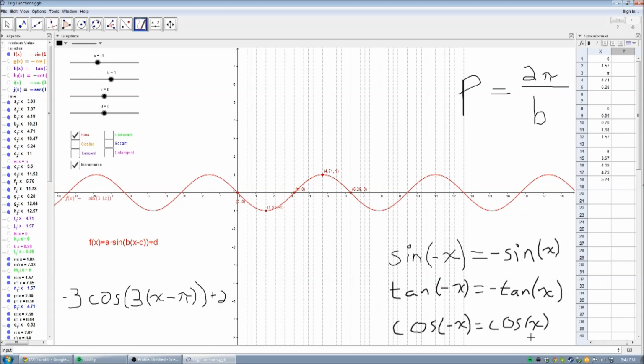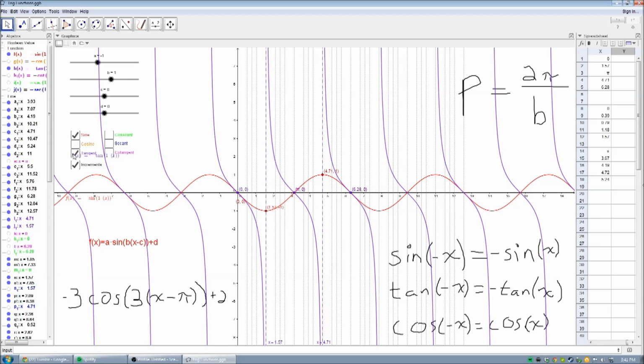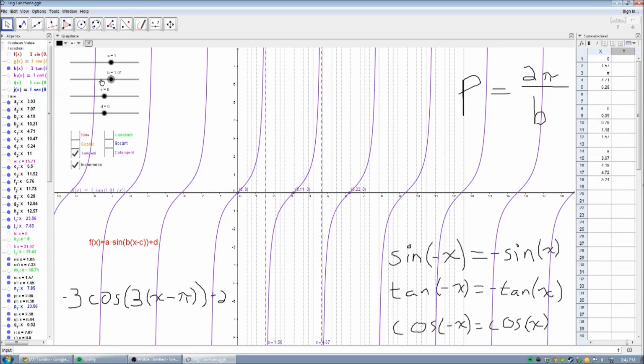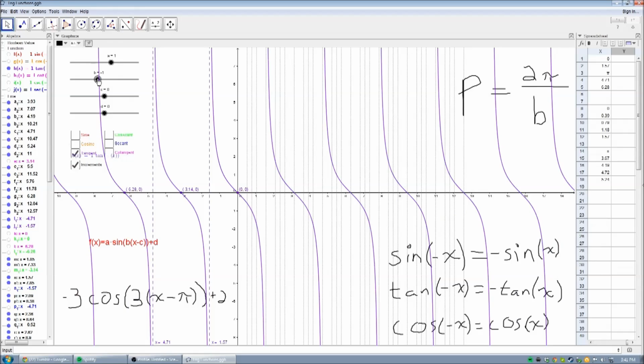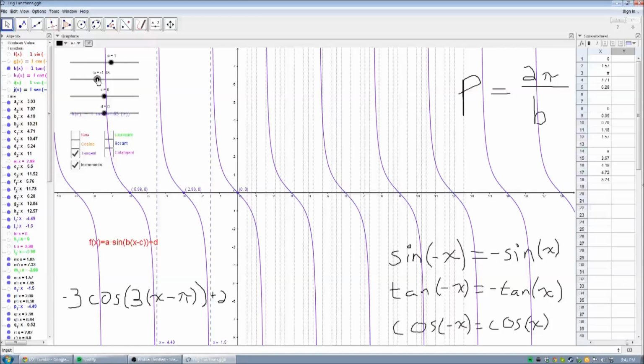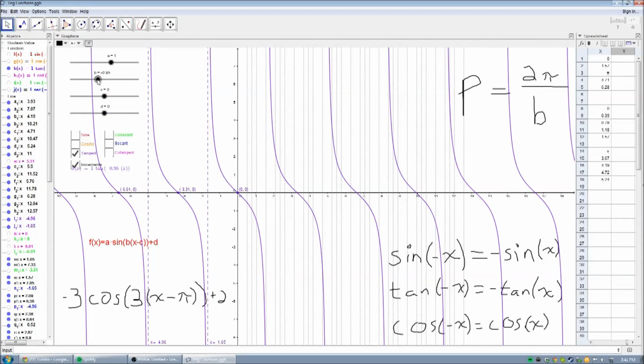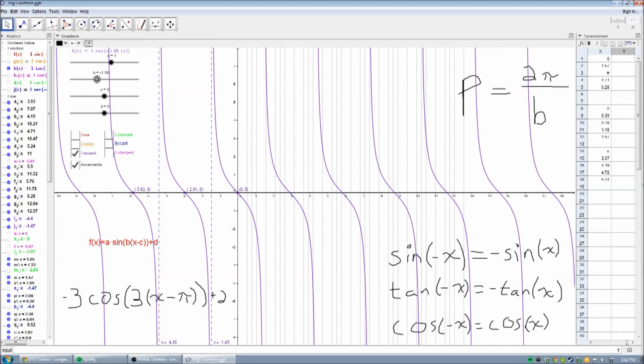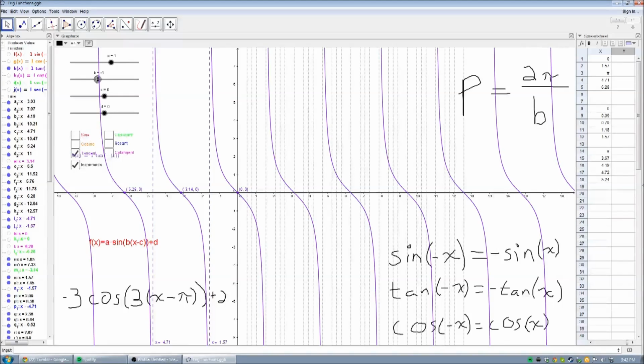So those are some properties that hopefully you know. If you did not already know, now you know them. So let's do the same thing with tangent. We'll turn off sine. Here's tangent with a negative a variable and a negative b variable, which is going to be the exact same thing as the negative a variable. Right there.